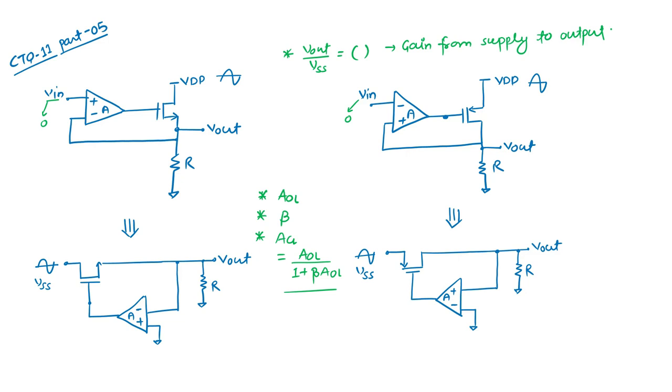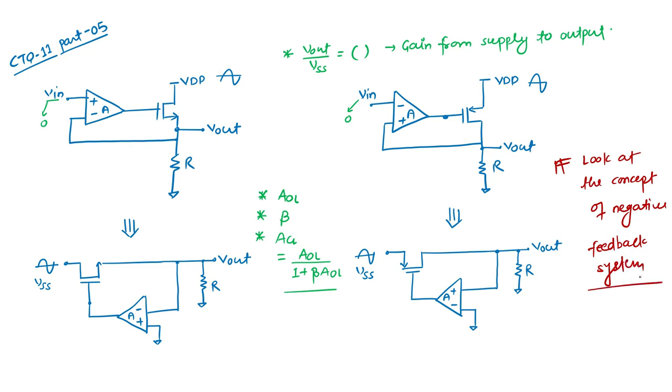Okay, so the point here was to look at the concept of negative feedback system. Okay, so this circuit can be solved in many ways. I just want to make you clear about one thing, how we can analyze the circuit in different ways. So we must have the understanding.